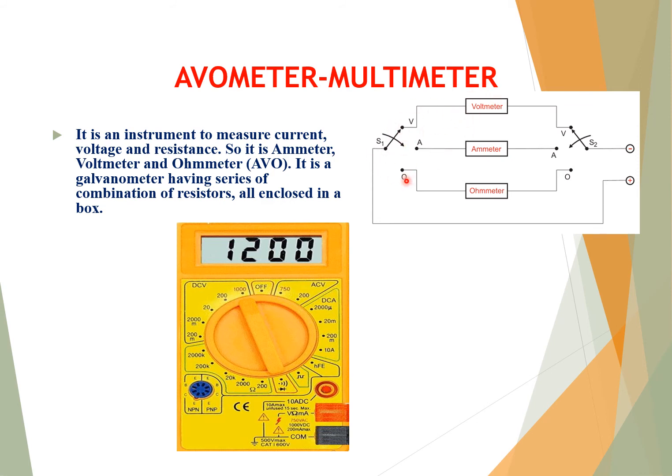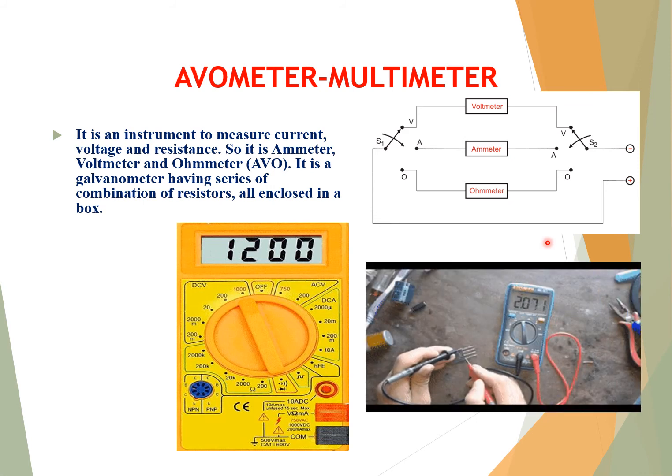We can connect the selector switch with voltmeter connection or ammeter connection or ohm meter connection, and this switch connects the voltmeter or ammeter or ohm meter with the galvanometer to give the required range or quantity which we want to calculate.